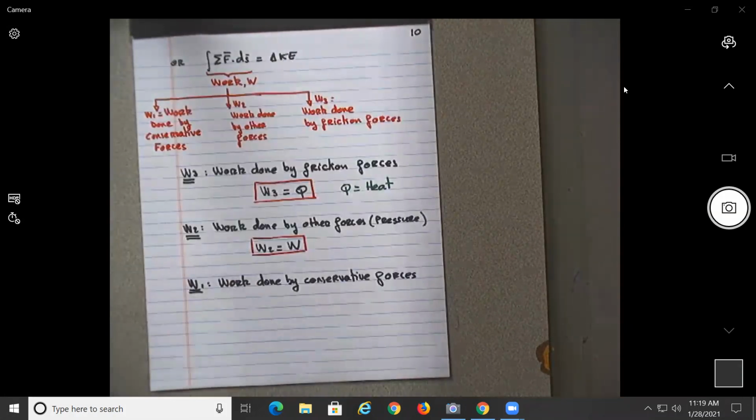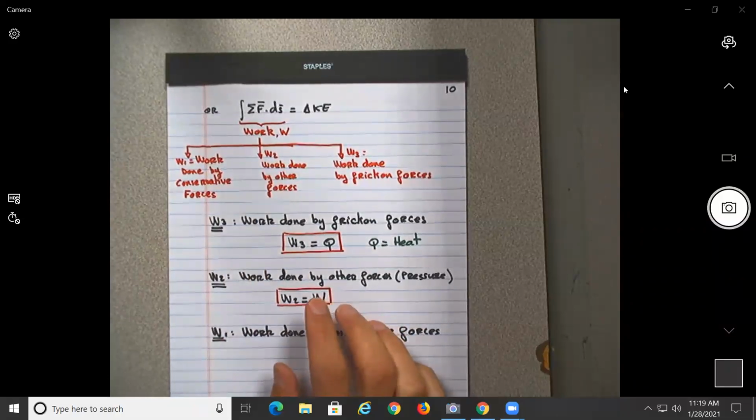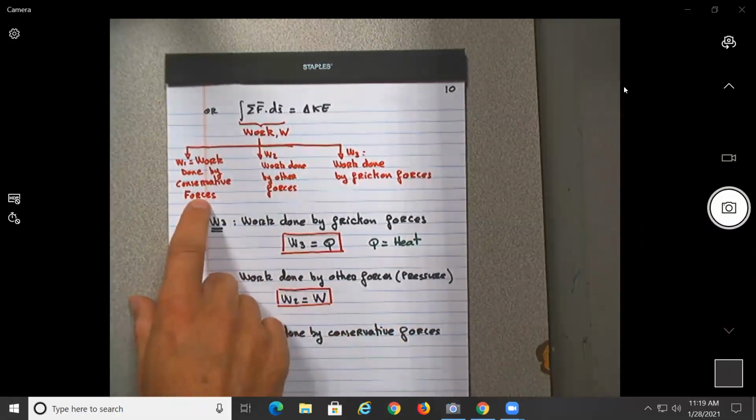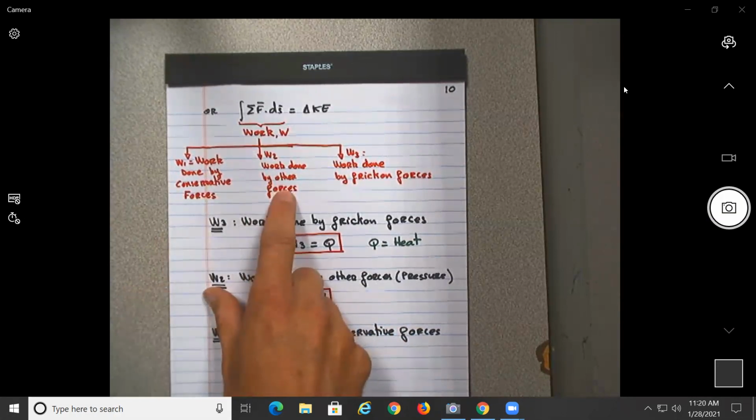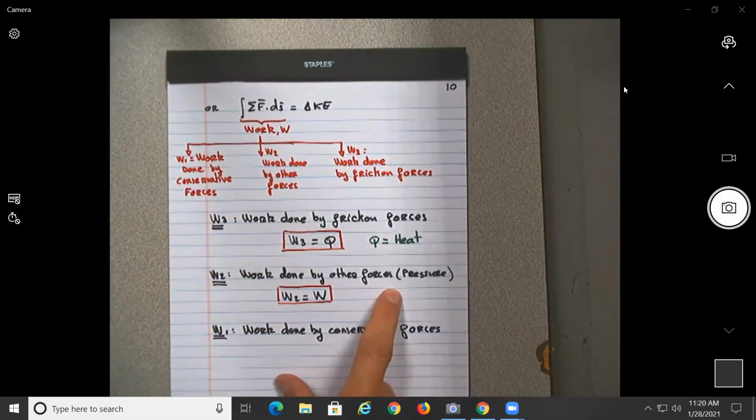And then what I say is that this is the work, and we can break the work into three different parts. One is the work done by conservative forces, the one we still need to do today. The other one is the work done by all the other forces, which I think I mentioned at the end would be mostly pressure.